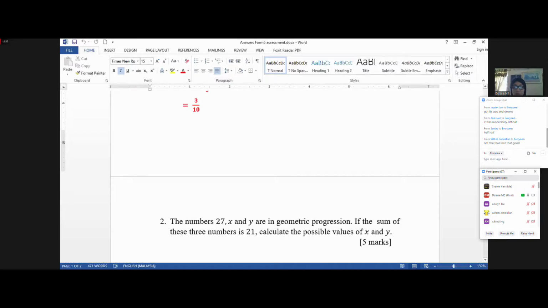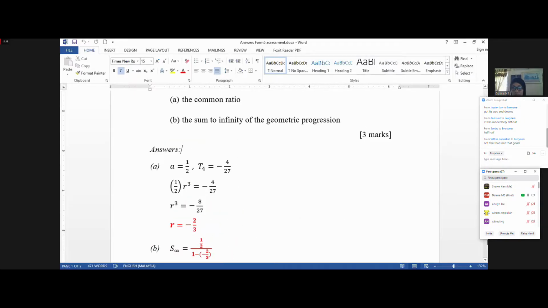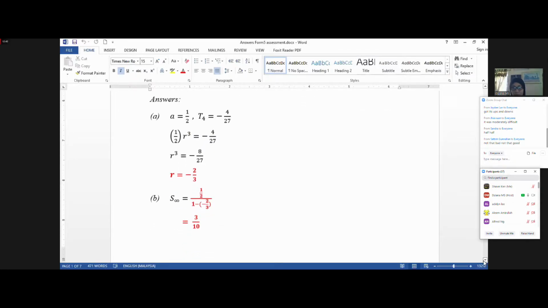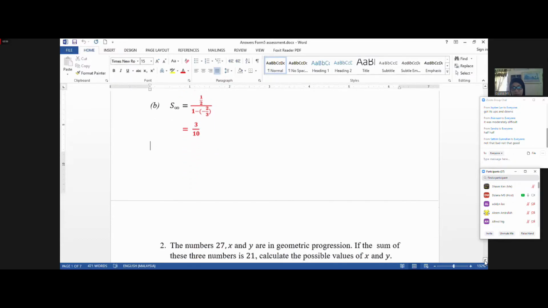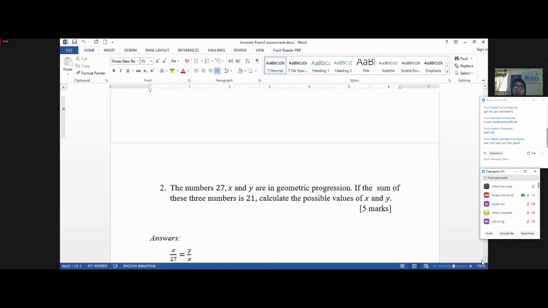Since these 3 numbers are in order, I can get the common ratio from the 3 terms. T2 divided by T1 must equal T3 divided by T2.